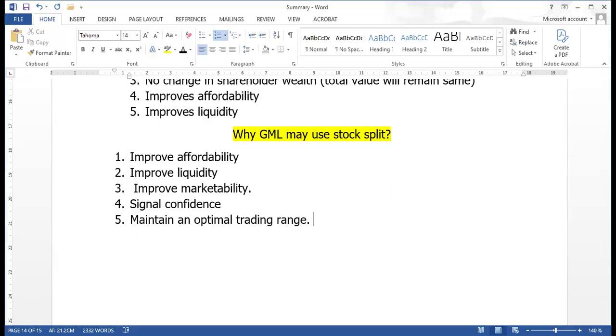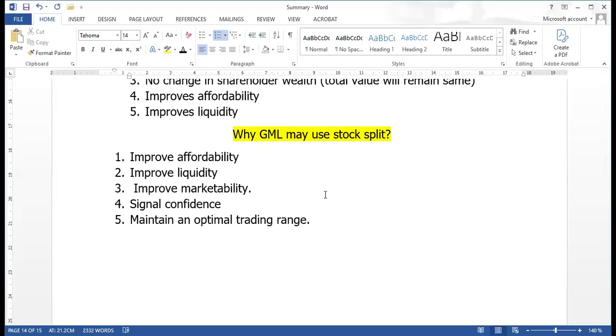You are going to find that companies often prefer their shares to trade within a price range that encourages market participation. So if we realize that our price is not within our preferred range, then we can see how we can put our price within our preferred range.